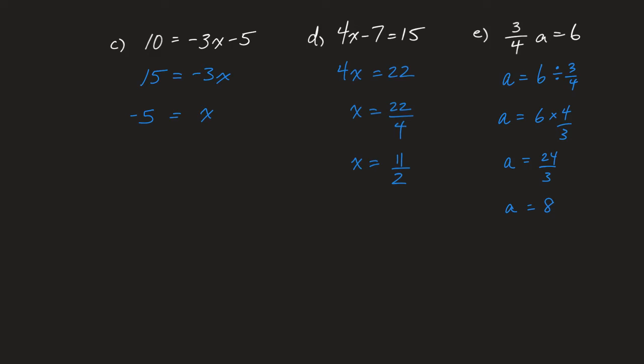As we take a look at C, one of the issues that comes up for a lot of people is that we have a negative coefficient. And if I was to go back and just fit in one extra line in that blue solution, that line can be troubling at times. Because we know that within a fraction we can't have a negative denominator, because it doesn't make sense.